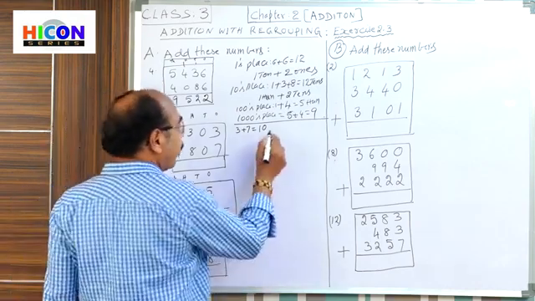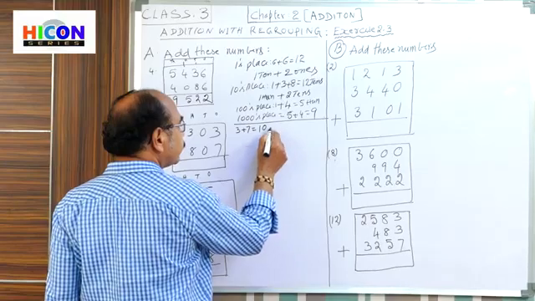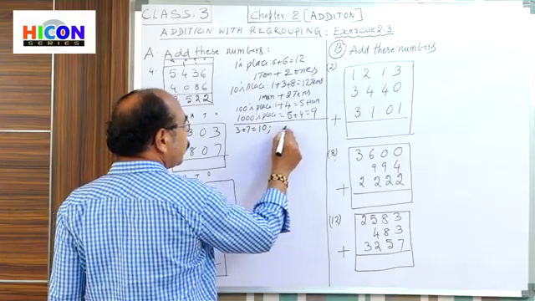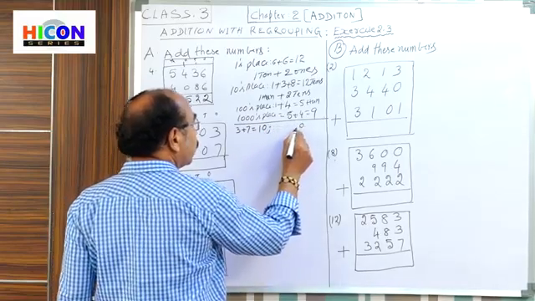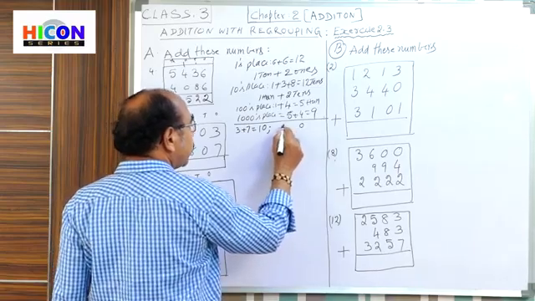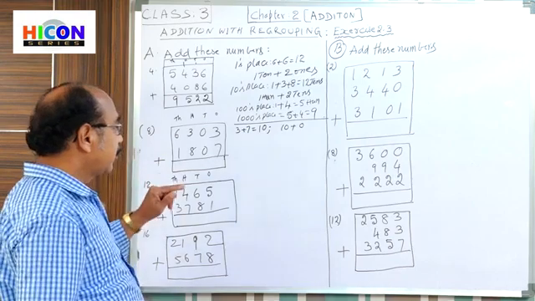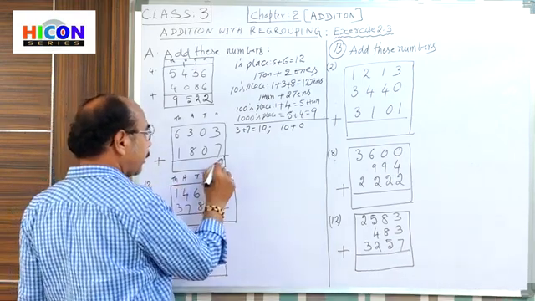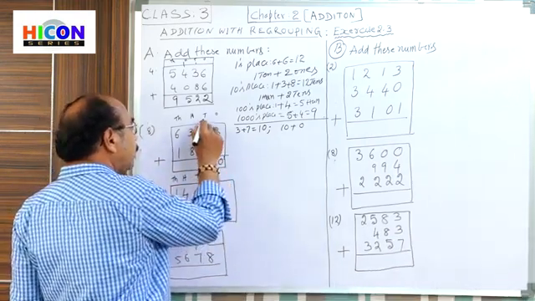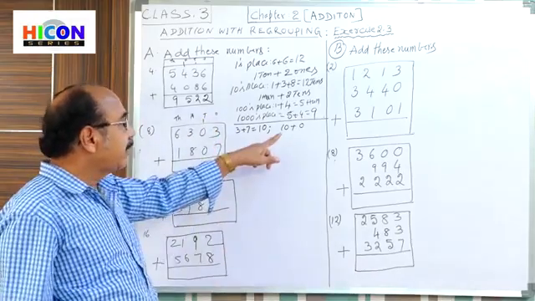So here regrouping. 10 plus 0 is equal to 10 ones. That means 0 we write here and 1 here is the carried 10.